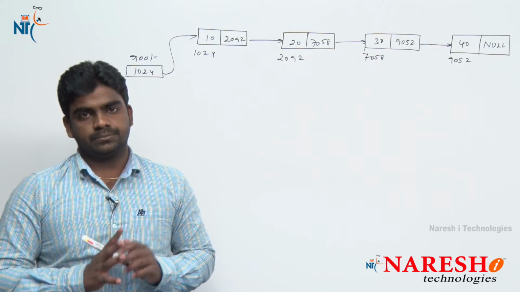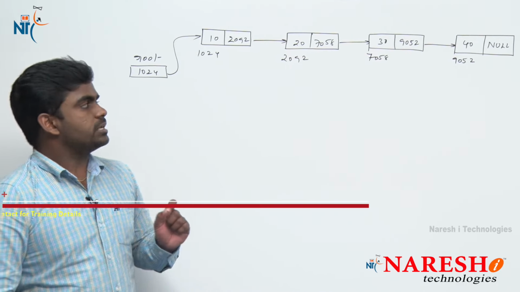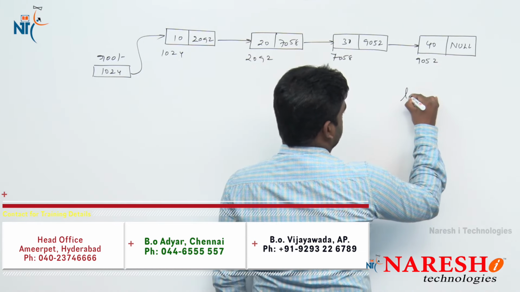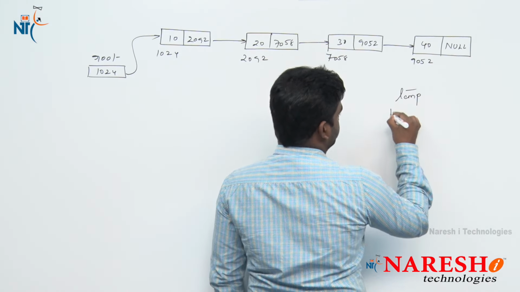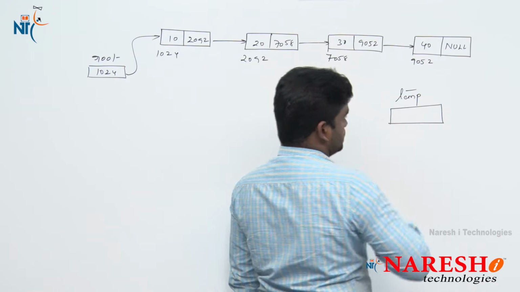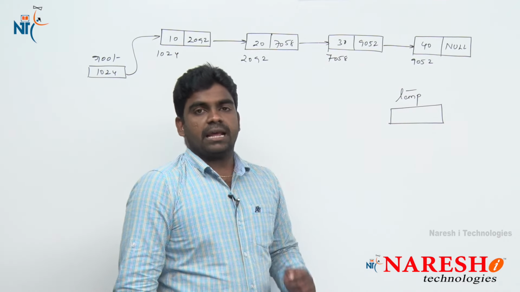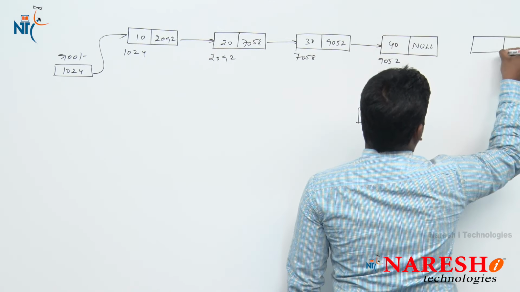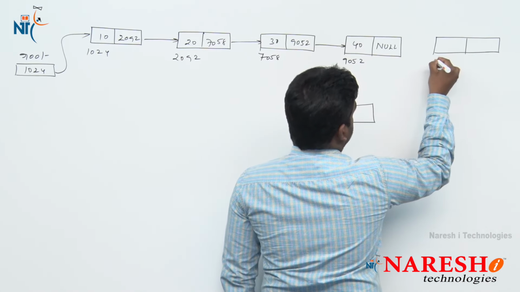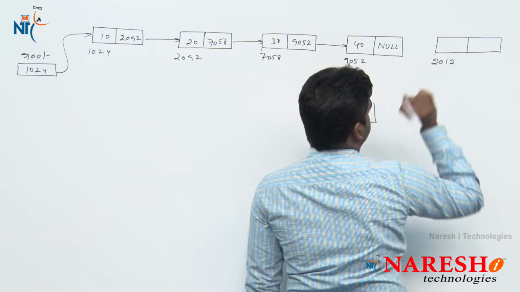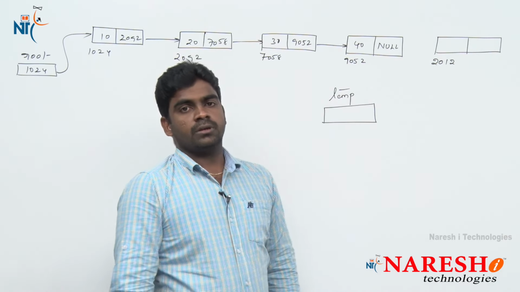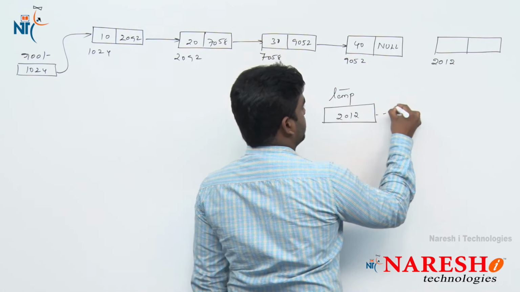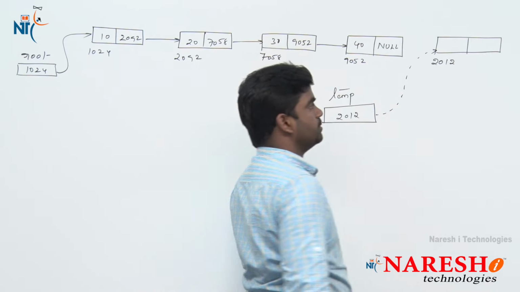Using the malloc function, first we are creating one temporary variable, and the temporary variable gets memory allocation. Next, using malloc, we are allocating memory to the node. Suppose this is the node at some location, say 2012. First, the address is collected into the temp variable. This is a temporary connection: temp is pointing to this node.